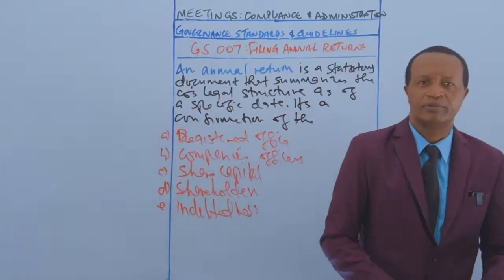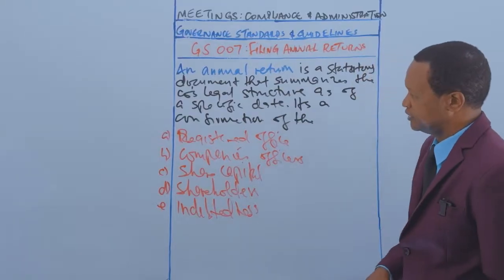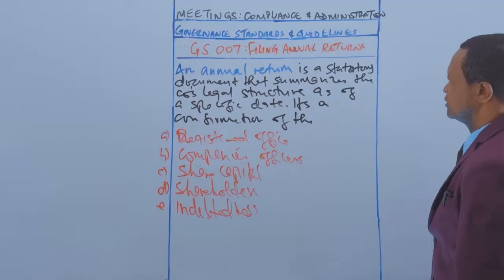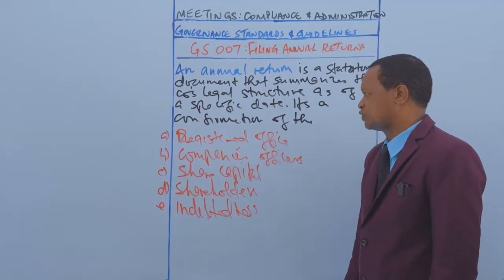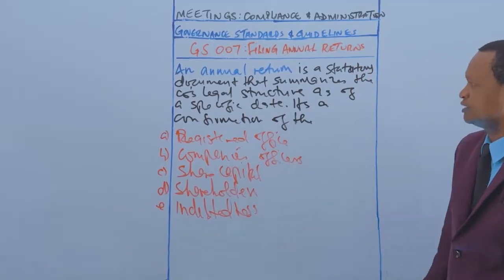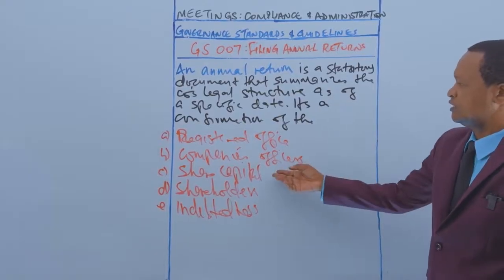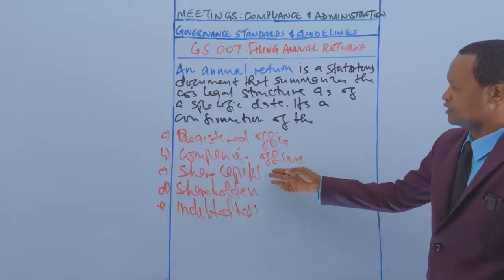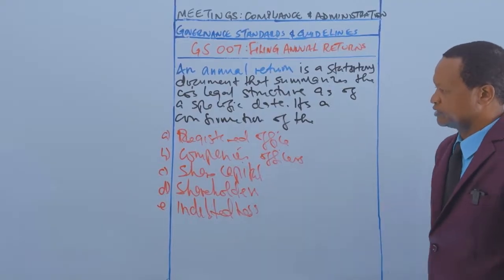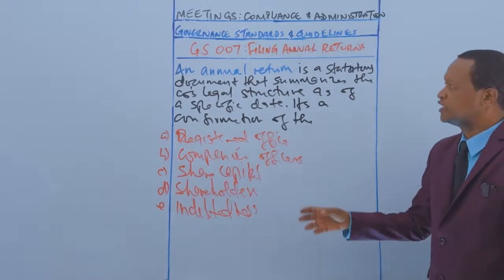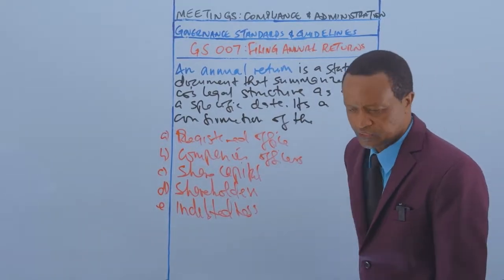Because you recall in our previous sessions, we covered the statutory documents: registered office, company's officers, the share capital, the shareholders. So an annual return is not a financial report.